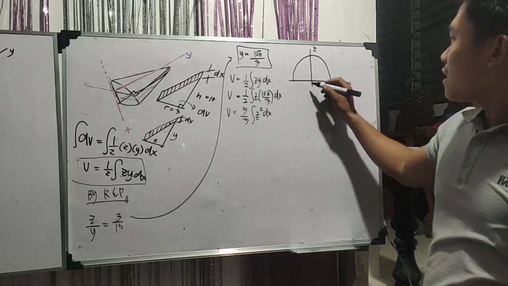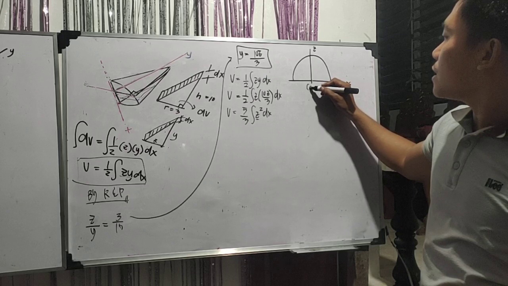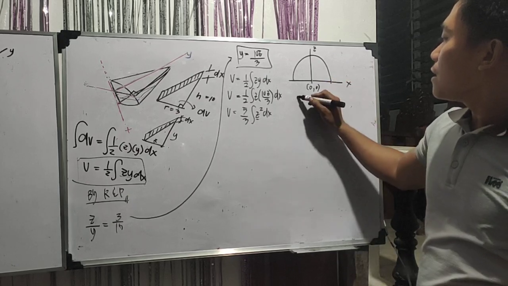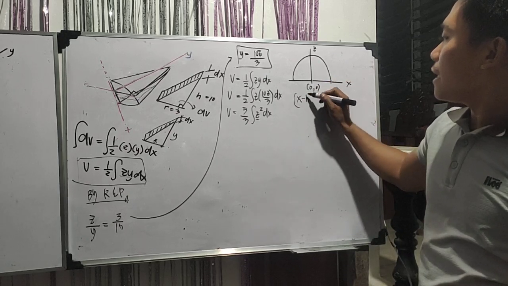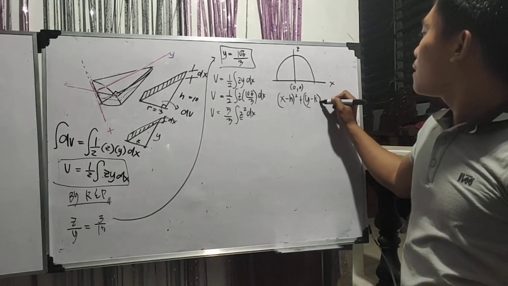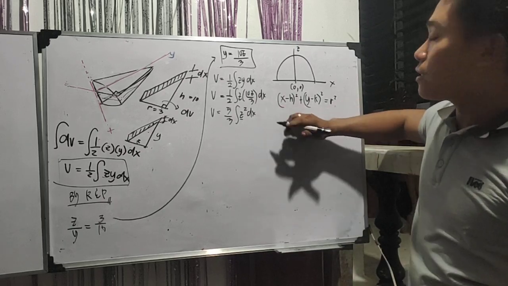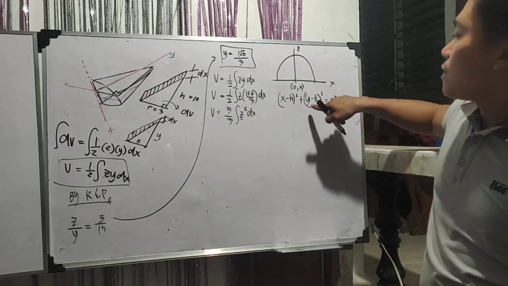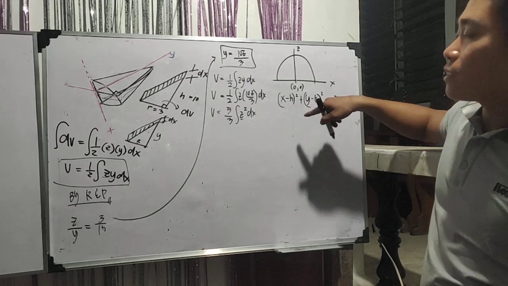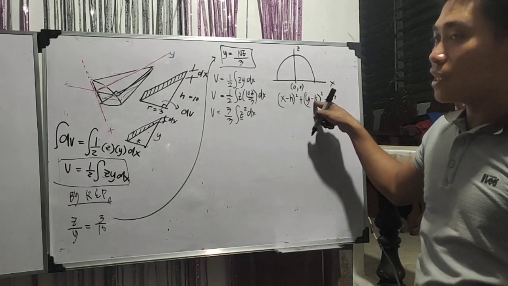Now, if you have a circle wherein yung center mo is nasa origin, actually, yung circle mo na (x minus h) squared plus (y minus k) squared is equal to r squared. This is actually the standard equation of the circle, wherein h and k are the location of the center. So, kapag andyan yan sa origin, matik yung h mo tsaka k is 0.